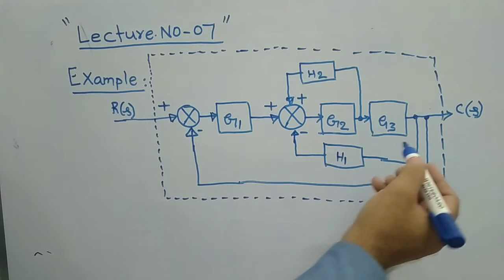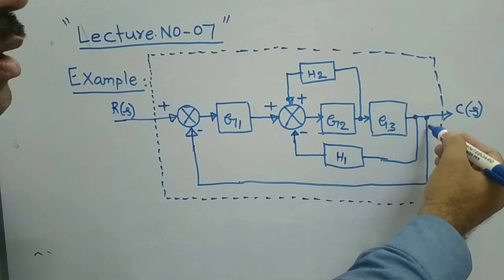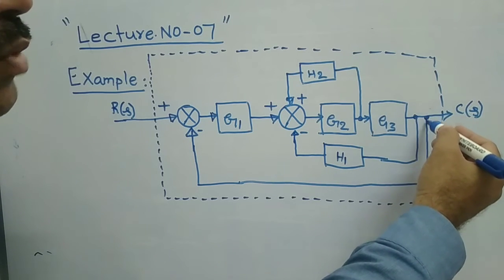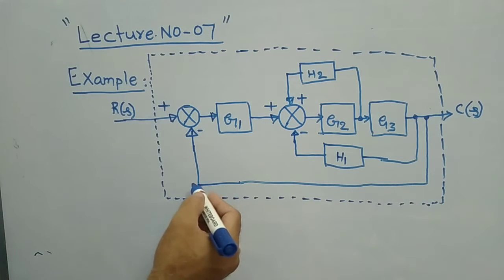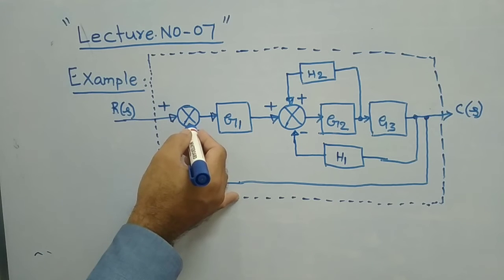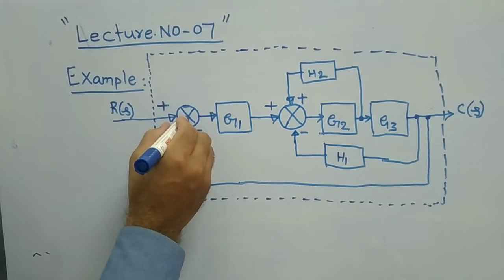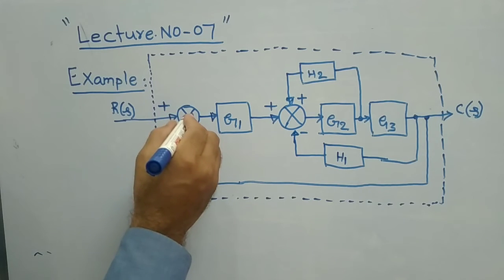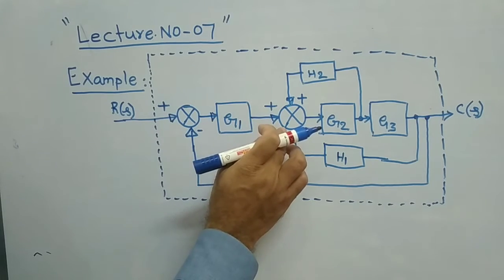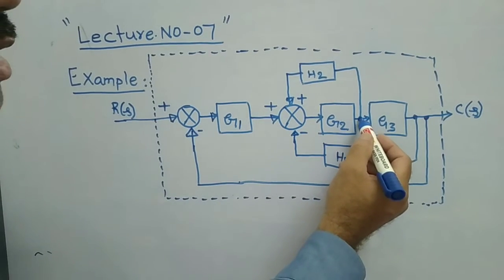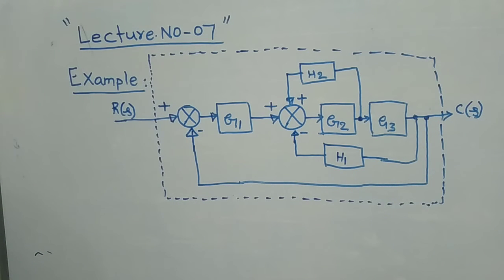So obviously, if you see in this problem, from part of the output we have taken one feedback, and through feedback I have given it to this summing point, which I already explained you in the previous session. Similarly, these points you are able to see are called take off points.